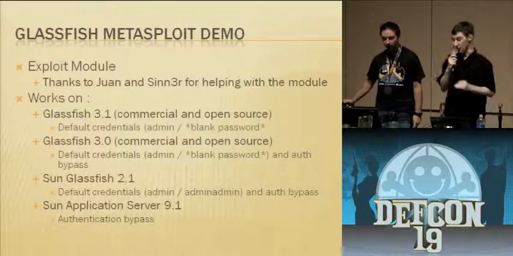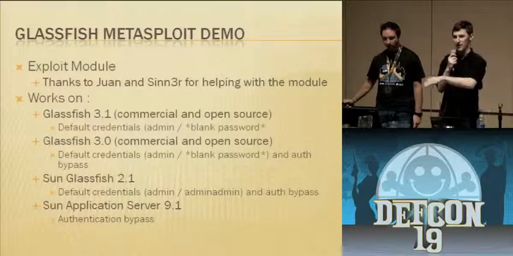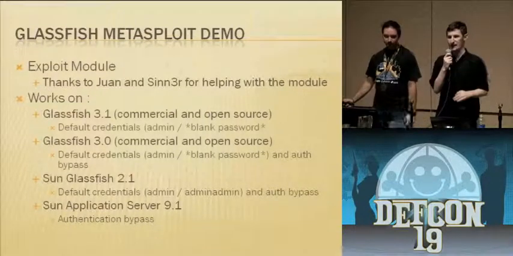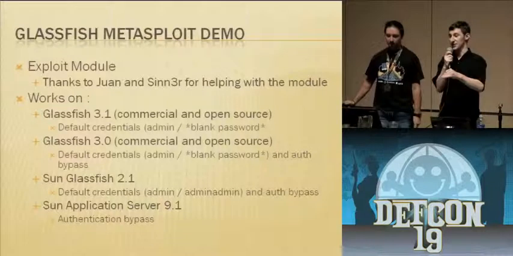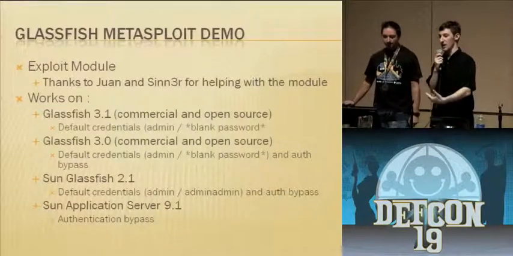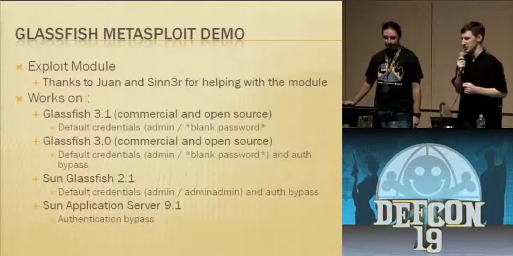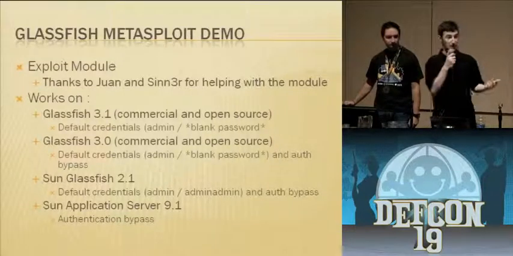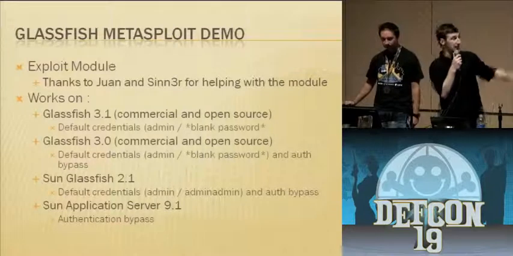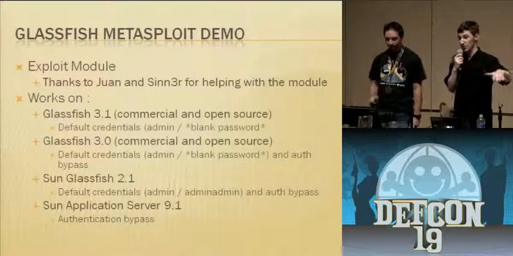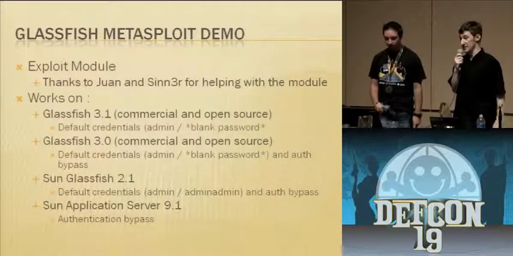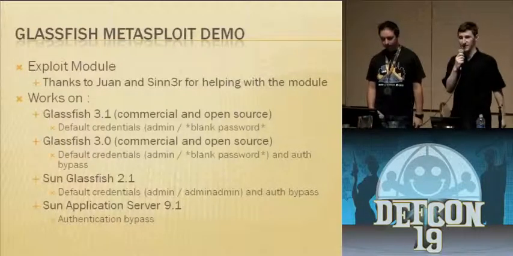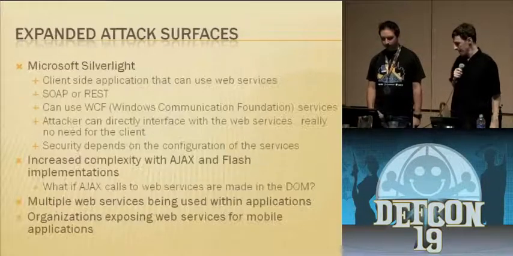For the earlier versions, 3.0 or Sun GlassFish 2.x, it will do the authentication bypass, and then try the default credentials. Those are fully documented, and that works great. So you're going to get shell on a whole lot of different versions, commercial and open source. It works on both. I tested this pretty extensively. If you find any bugs, please feel free to email me. We'll do demos at the end so we can get shell.